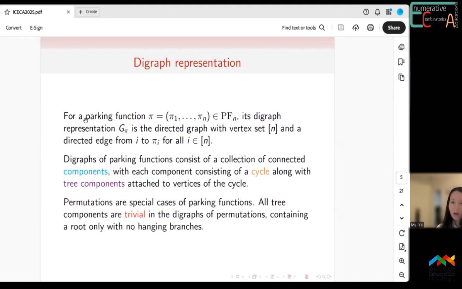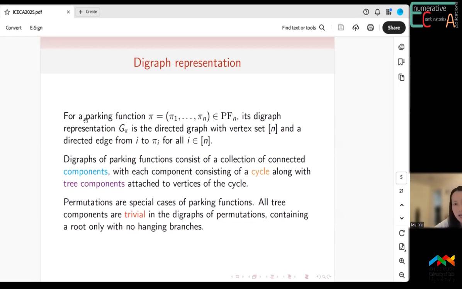Then we will see that the digraph consists of disjoint components, and each component consists of a cycle along with tree components attached to the vertices of the cycle. The permutation is a special case of such a digraph representation, because all the components are trivial, in the sense that you don't see any tree components.